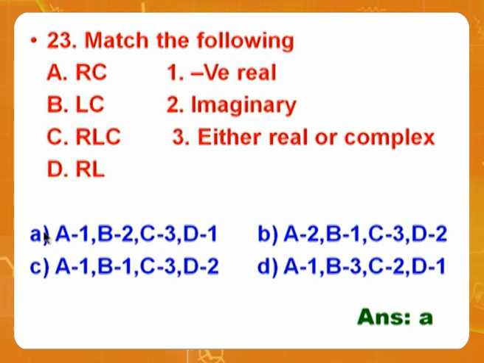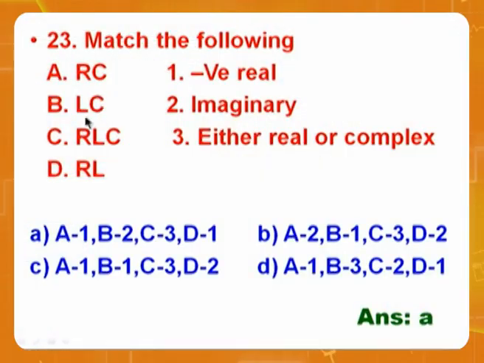So matching you should really enjoy. By making one point, you can eliminate. I always go by elimination, because in MCQ, that means multiple choice questions, most of the time elimination works out well, particularly in matching. Look at here. If I look at RC and RL, RC is negative axis, so A has to be 1. A is 1 in 3 cases, so it's not working out.